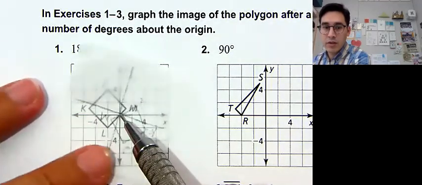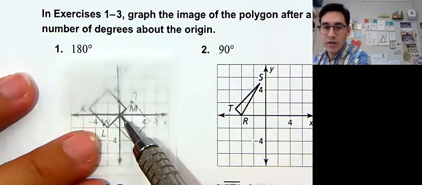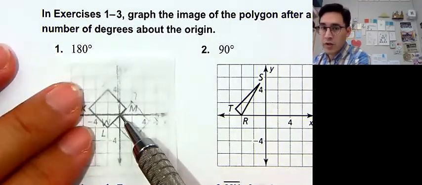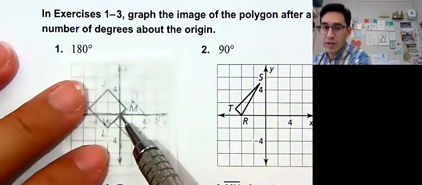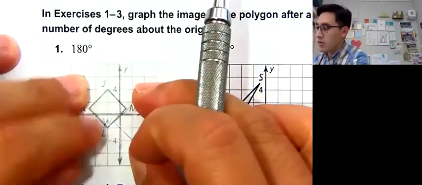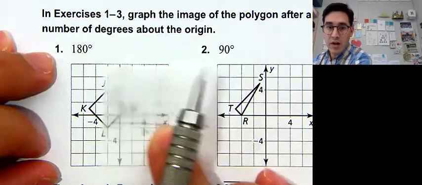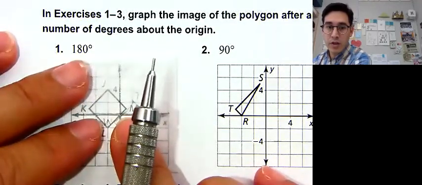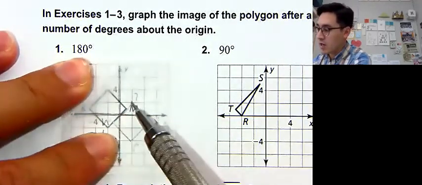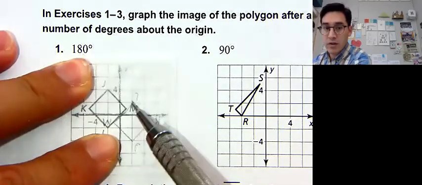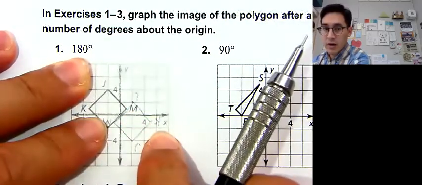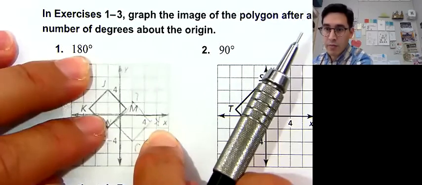So two quarter turns is a half turn, that's 180 degrees. The original image is right there, but the rotated image is right here. That's my little hack for how to perform rotations.